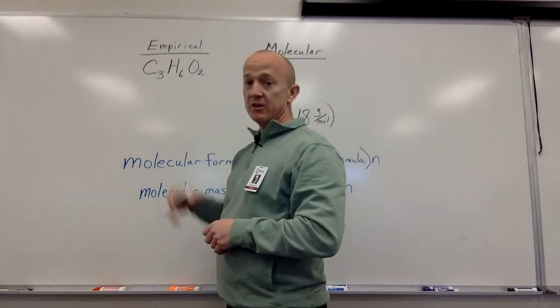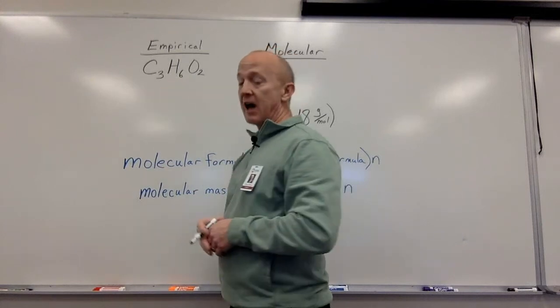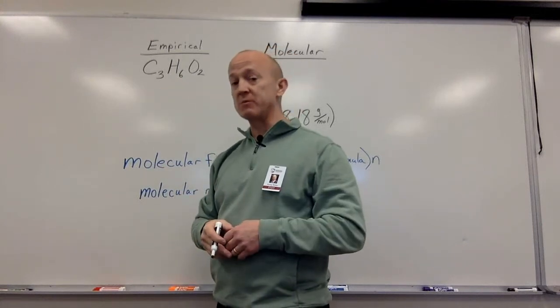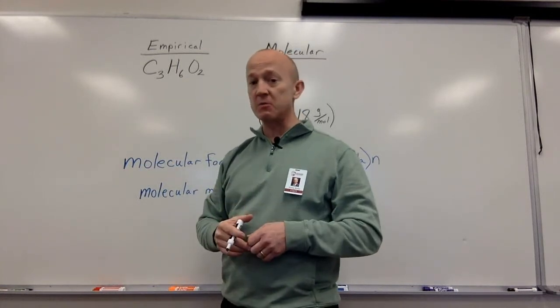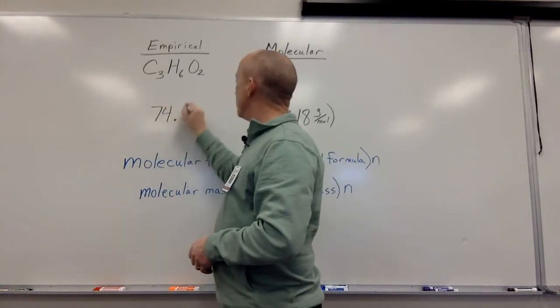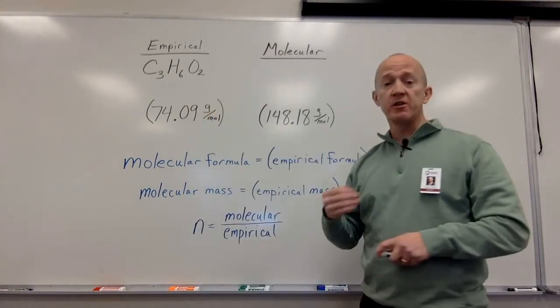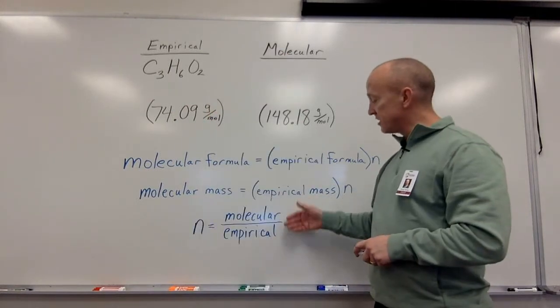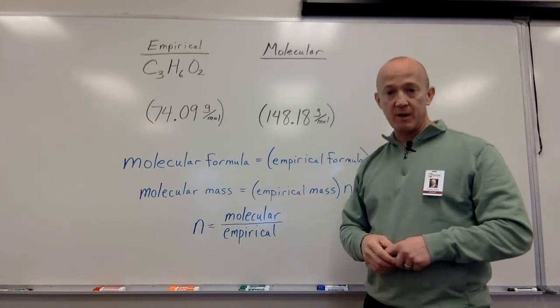3 carbons at 12.01 grams per mole each, combined with 6 hydrogens at 1.01 grams per mole each, combined with 2 oxygens at 16 grams per mole each, we get a grand total of 74.09 grams per mole. In order to know the multiple that we use, we simply take the molecular mass and divide it by the empirical mass.